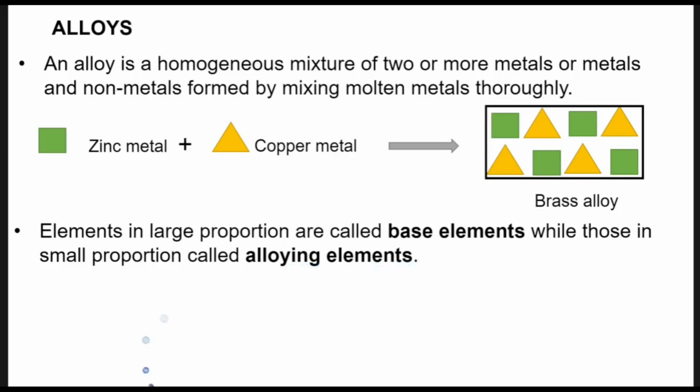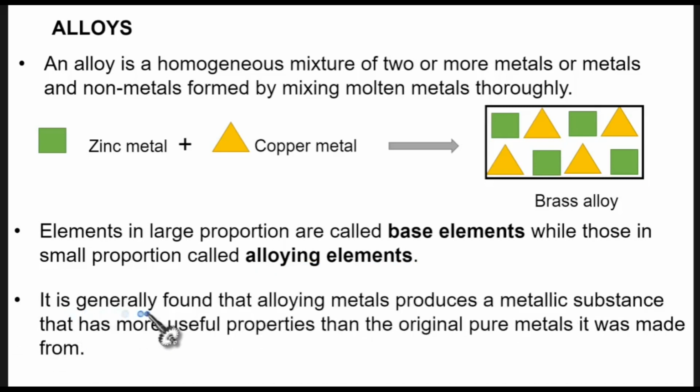All right, so what you should also know is that it is generally found that alloying metals produces a metallic substance that has more useful properties than the original pure metals it is made from.